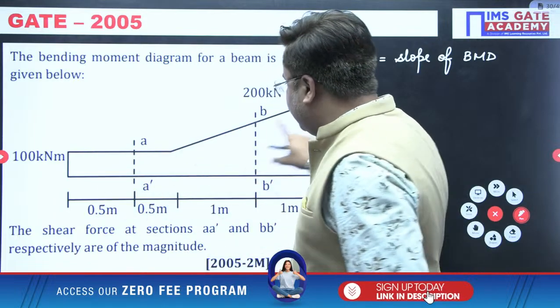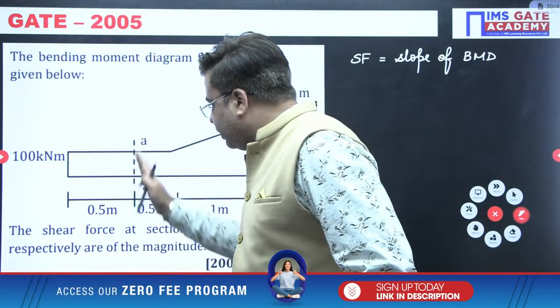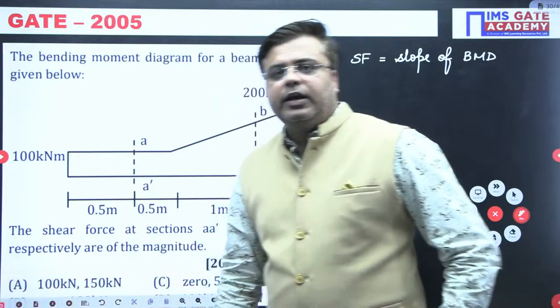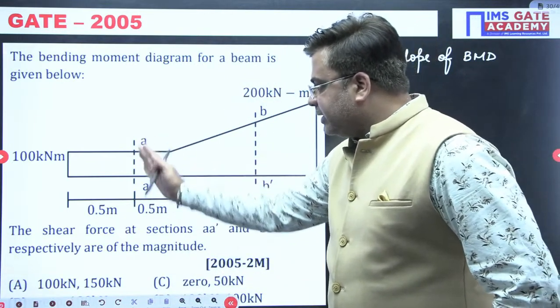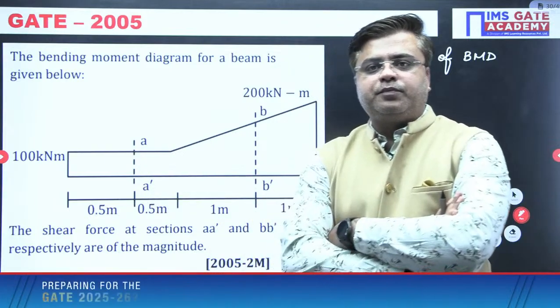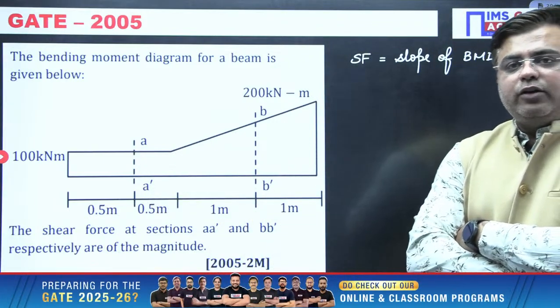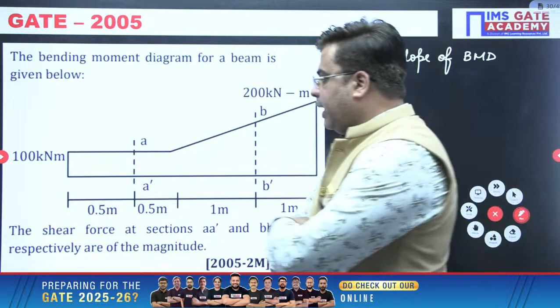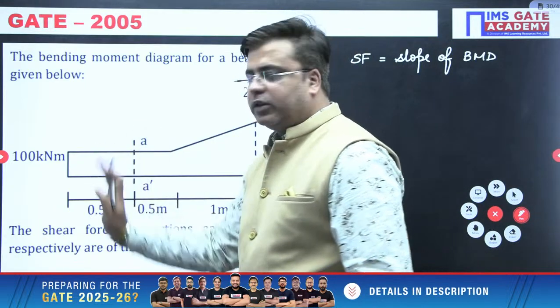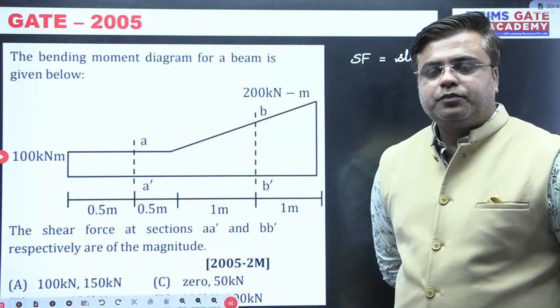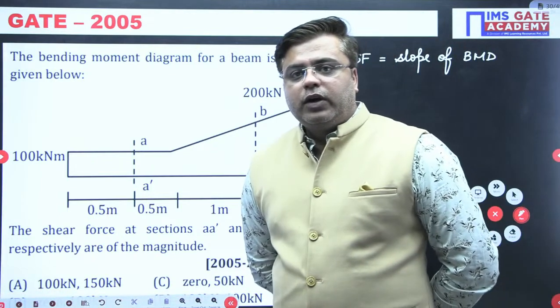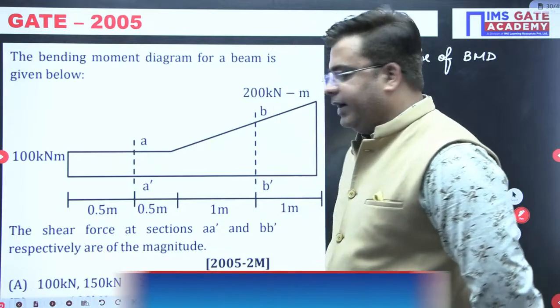If this is your bending moment diagram, what is the slope at section AA dash? Quickly, what is the value of slope at section AA dash for this bending moment diagram? Please tell me. What is the slope at AA dash?